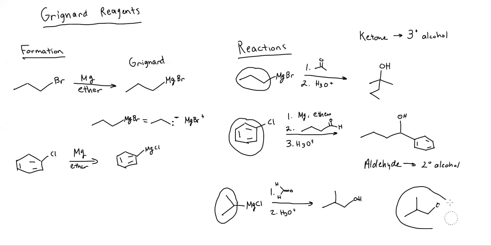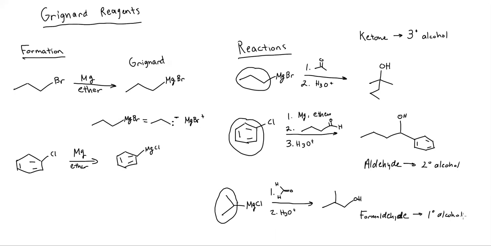And so in this case, whenever I use formaldehyde and only formaldehyde, I get a 1-degree alcohol, all right? So formaldehyde becomes a 1-degree alcohol.